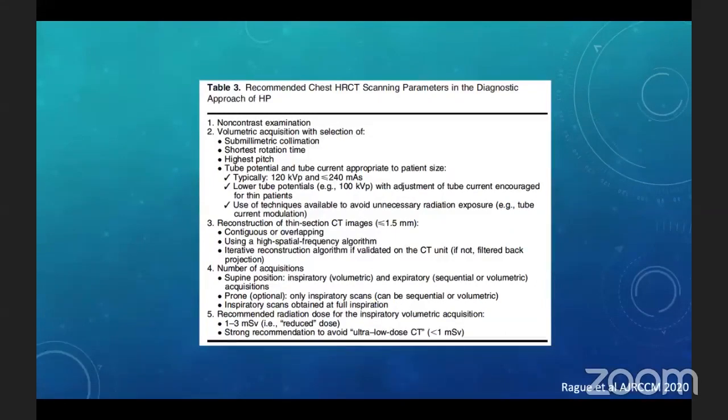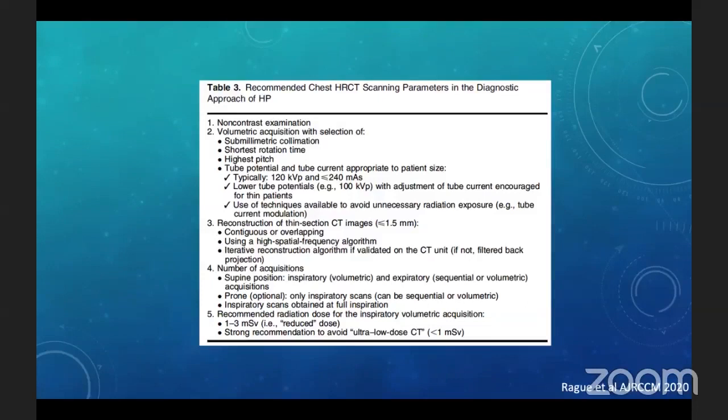And if it is a baseline evaluation for an underlying interstitial lung disease, it also includes prone imaging and inspiratory phase. Why? Because sometimes if it is a really mild disease and you don't have prone imaging, you will be really confused. Are those dependent peripheral changes in the lung posterior subpleural aspect true, or are these just gravitational and atelectatic changes?